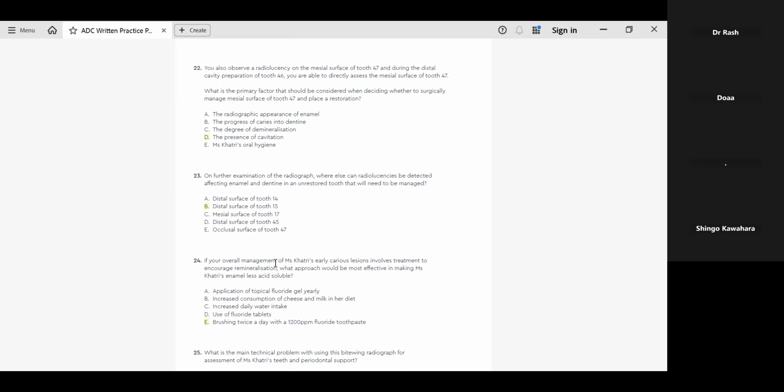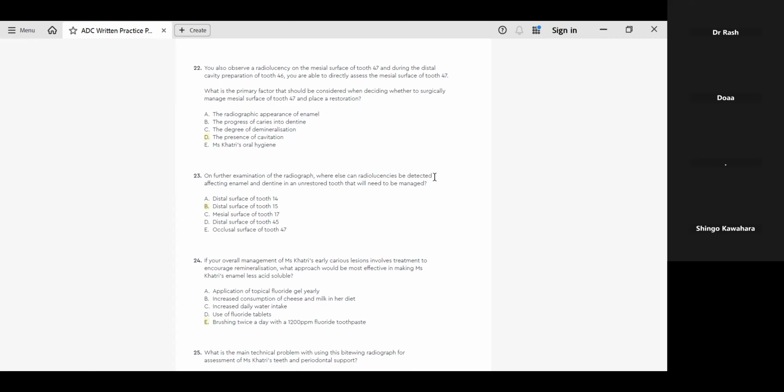If your overall management of Miss Cattry's early carious lesion involves treatment to encourage remineralization, what approach would be the most effective in making her enamel less acid soluble? So what amongst the options makes the enamel less acid soluble? Increased daily water intake, what is it going to do? So sometimes when you have doubt, read what the question is asking.